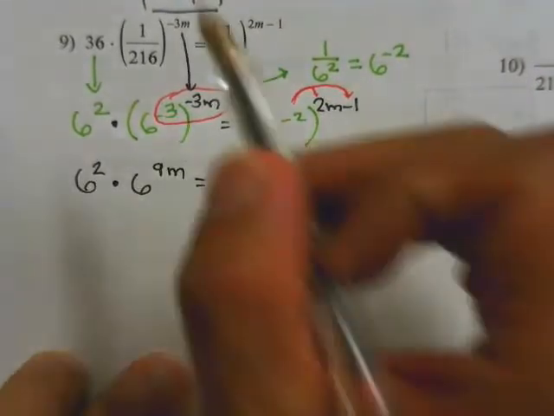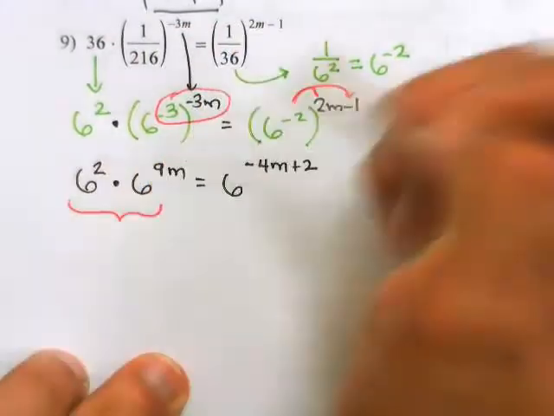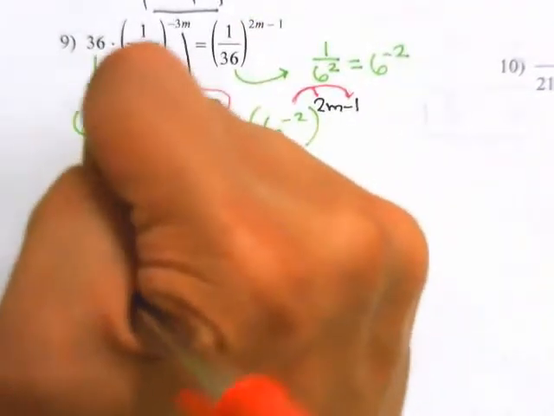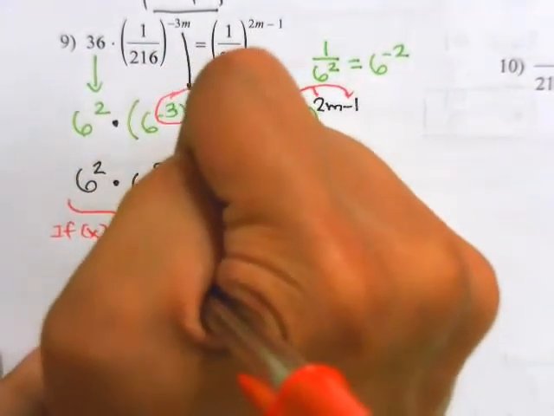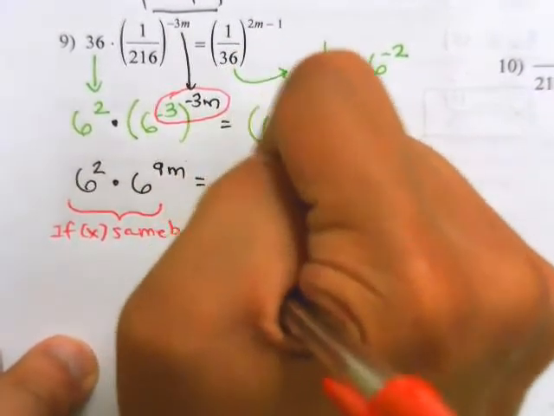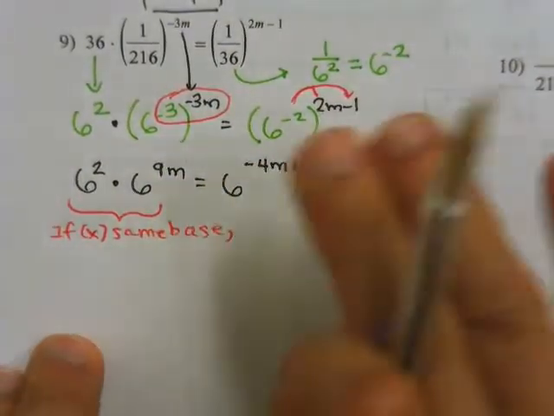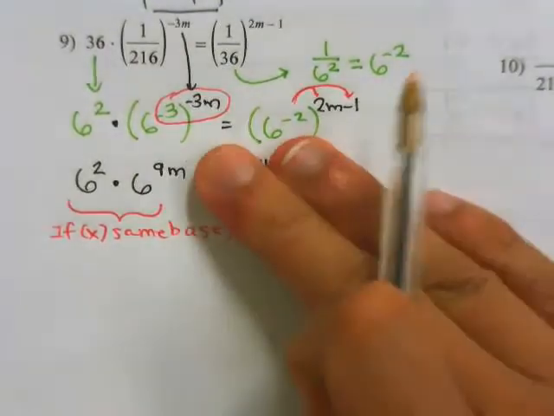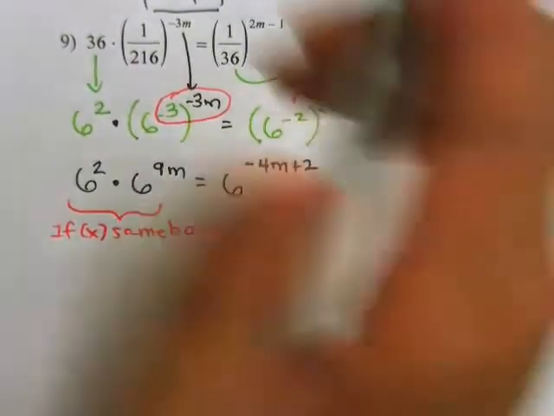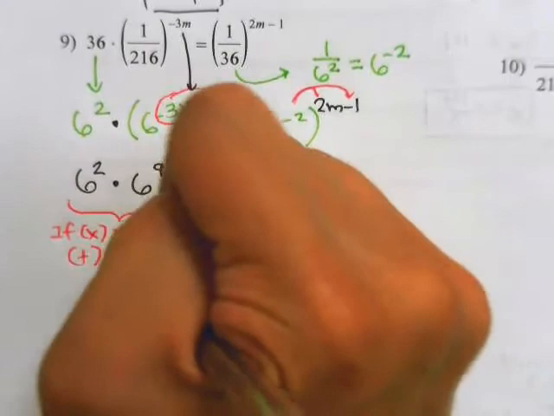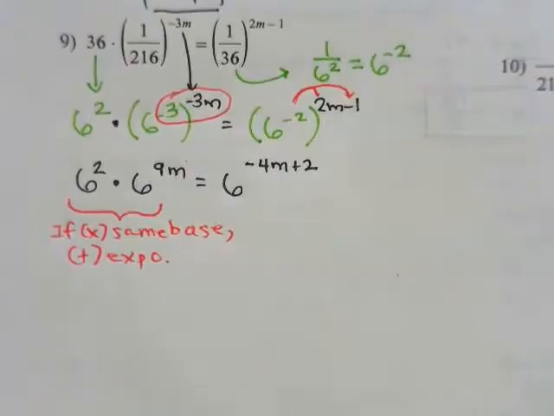Next rule. If you're multiplying the same base, because the goal is always to have the same base, so if it's on one side and you're multiplying the same base, you are going to add the exponents.